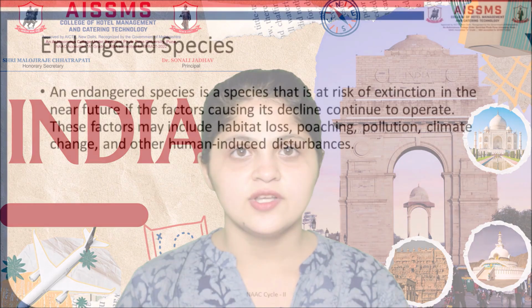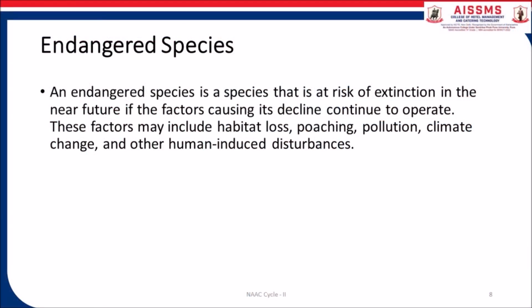Endangered species. Now let's understand the meaning of endangered species. An endangered species is a species that is at risk of extinction in the near future if the factors causing its decline continue to operate. These factors may include habitat loss, poaching, pollution, climate change, and other human disturbances.